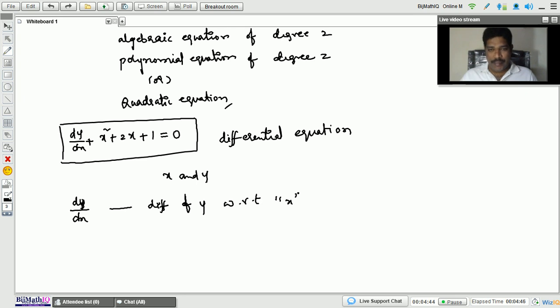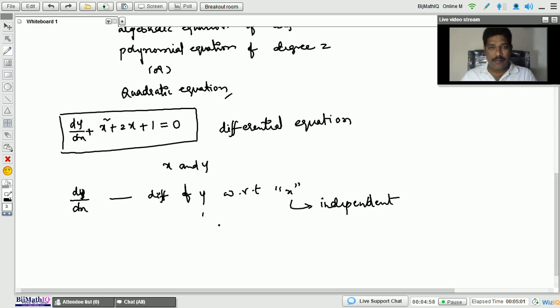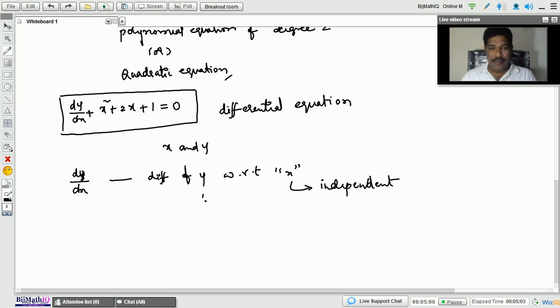So the variable x is called the independent variable, and the variable y is called the dependent variable.